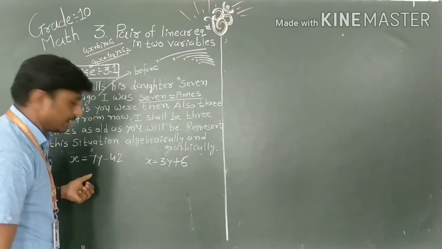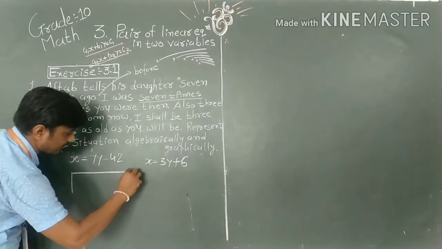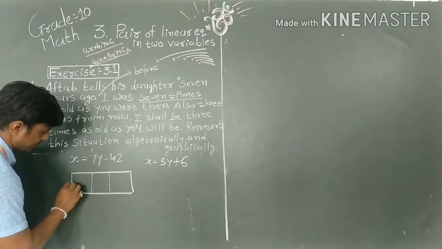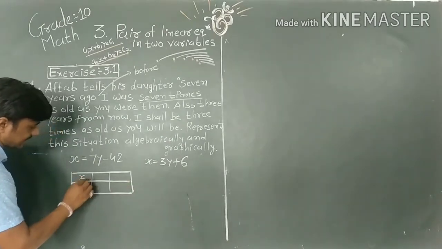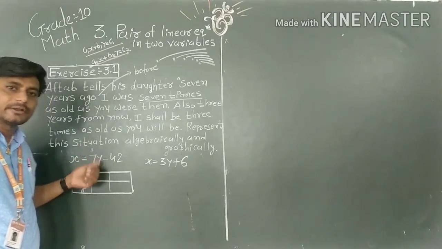Here I need any 2, 3 or 4 points, x and y, and get the respective variable values.